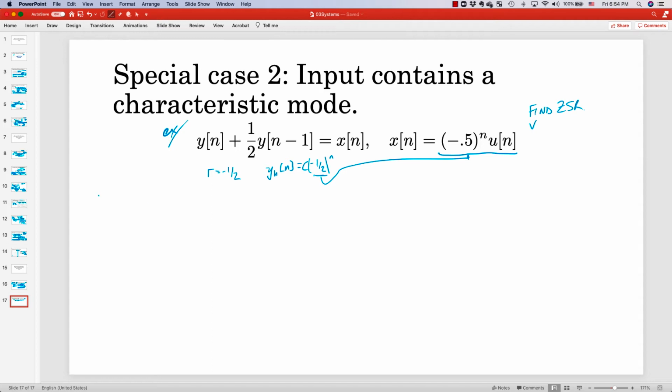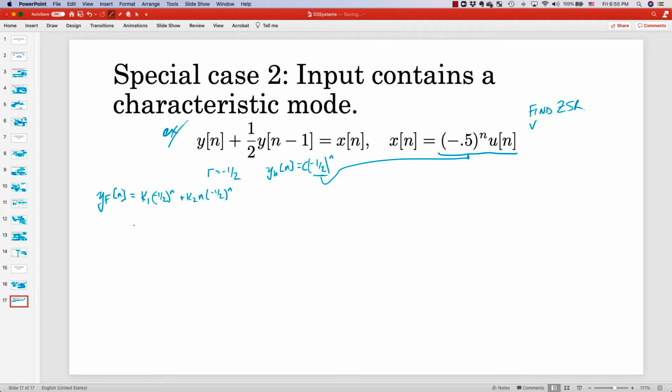So we are going to choose a forced mode, or a forced response, that could possibly be some amount of the input as itself, and some other amount of n times that mode as well. Okay, so how much are k1 and k2? Well, we don't know until we plug this forced solution into the inhomogeneous difference equation.